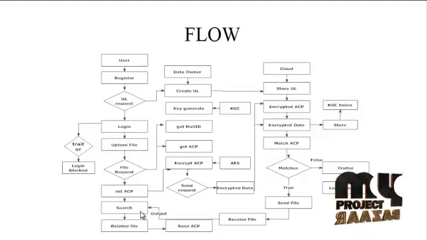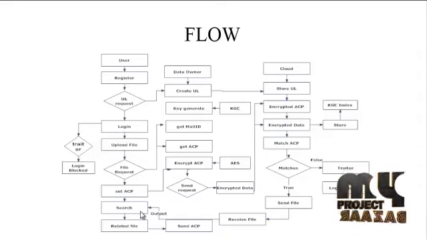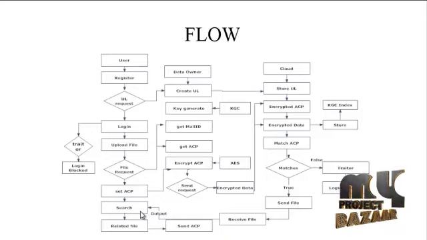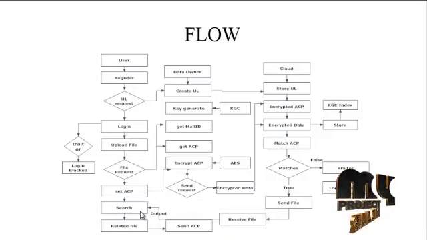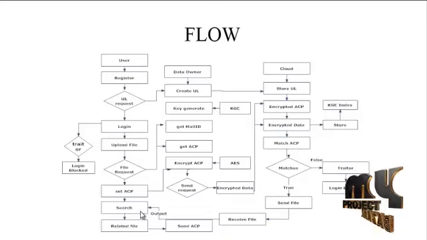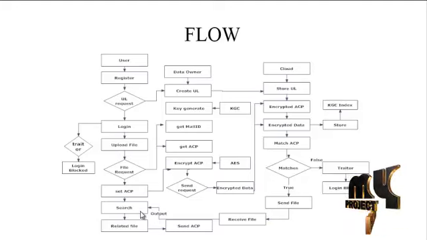Once they enter the query, it will be sent to the cloud. The cloud matches the file with the corresponding ACP. If the ACP does not match more than 5 times, the user will be identified as the traitor and the login will be blocked. Then the user can't download, upload, or log into their account.